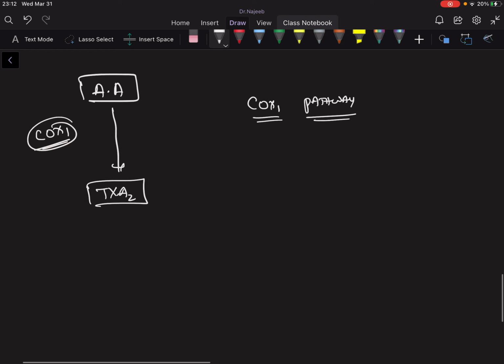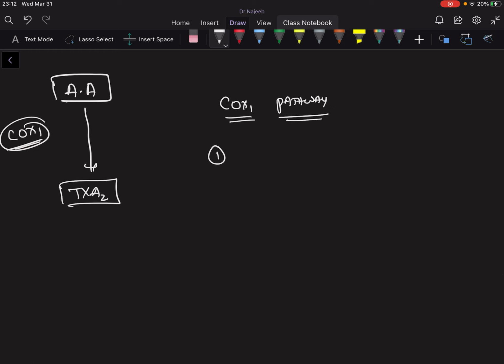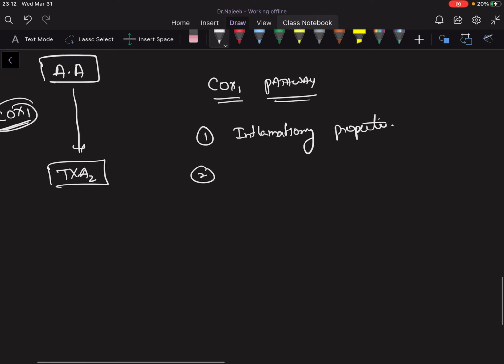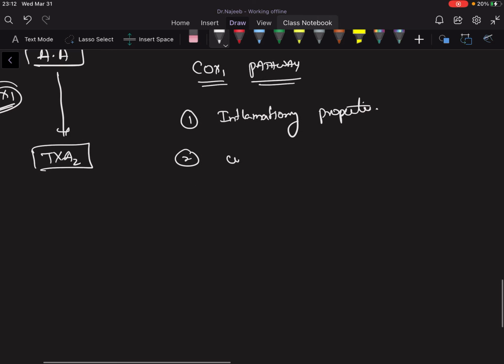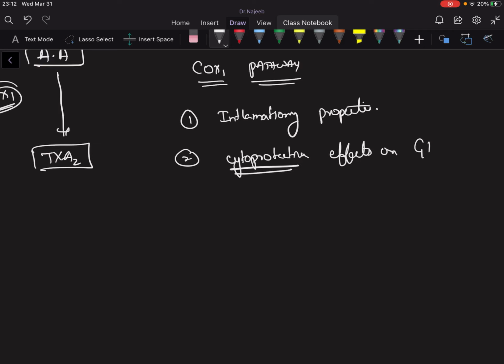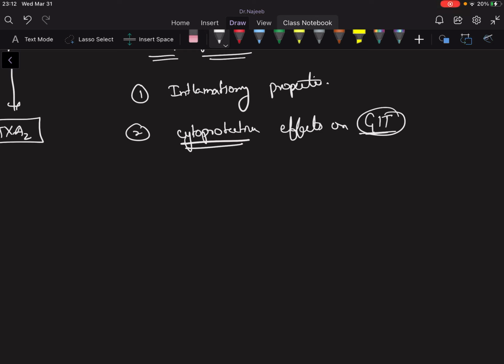It has mainly inflammatory properties, and not only that, it also has cytoprotective effects on the gastrointestinal tract. So it is protecting the cells present in the gastrointestinal tract.